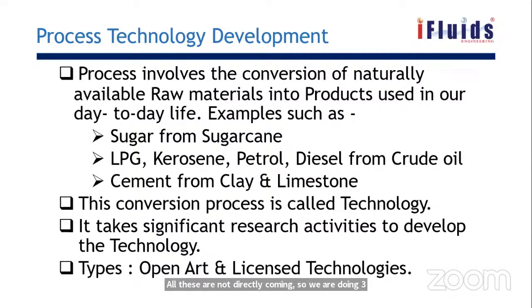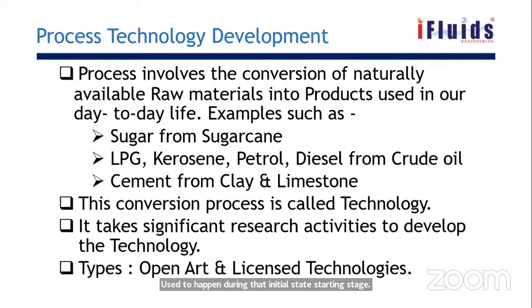But before the process, there will be certain research on how sugarcane can be converted into sugar crystals, like how seawater gets converted into crystal salt. Some research happens during that initial, starting stage.